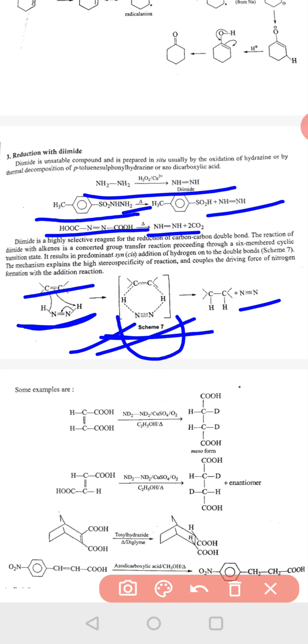When diimide is used to reduce maleic acid, we get the meso form. If we use fumaric acid, we get a racemic mixture of succinic acid.